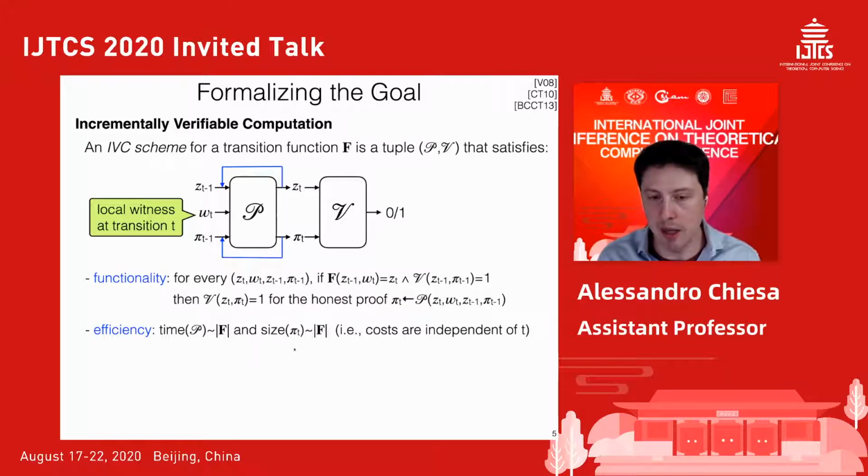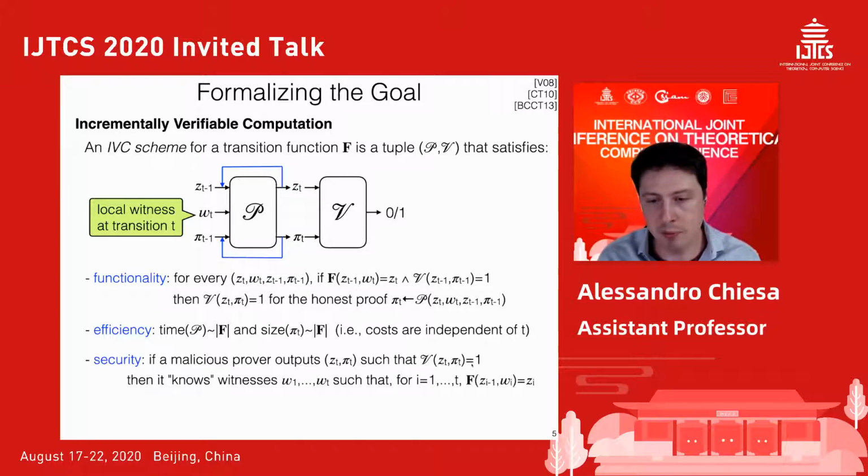The proof size should also be at most as large as f, but these should be essentially independent of T. So even though there's a long chain of applications of f in the past, now you're doing one more iteration of f, and the honest prover and the proof that you produce don't depend on the long chain of computations in the past. This makes this task very non-trivial.